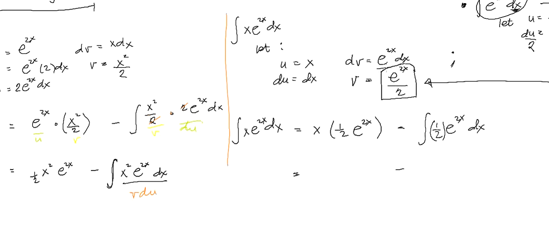If we have 1/2 e^(2x), what we have left here is x minus 1/2. So we have 1/2 e^(2x) times (x minus 1/2), then plus c.